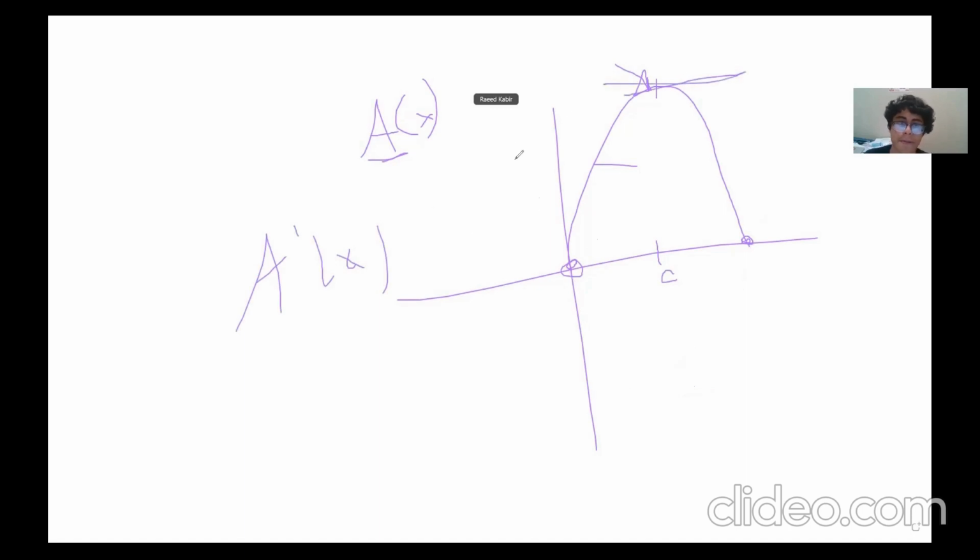You're trying to figure out where it is 0 or undefined, and then you're trying to figure out if the endpoints themselves are going to be the max in the end. It doesn't actually matter, and that kind of stuff. Okay. And make sure you check the sign changes because that's important for optimization.